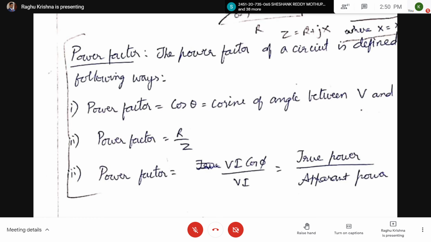If a load consists of R, L, and C, some part of the power is dissipated by the resistor. The remaining L and C will store the energy and give back the energy. So net power is consumed only by the resistor. That is the true power by apparent power. Apparent power is given by V into I.